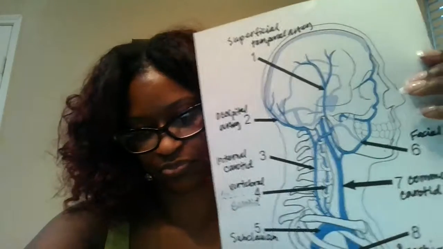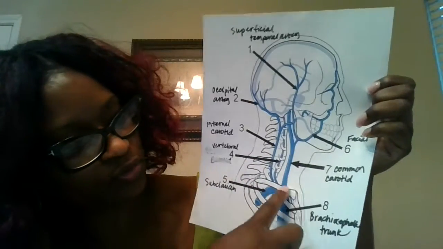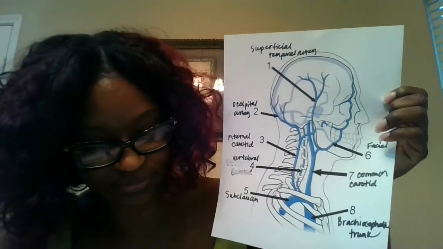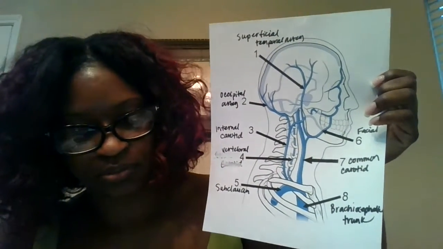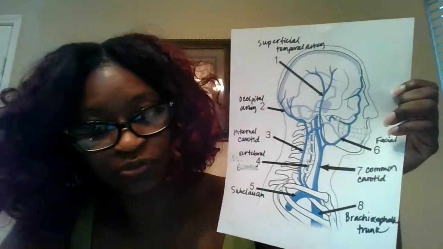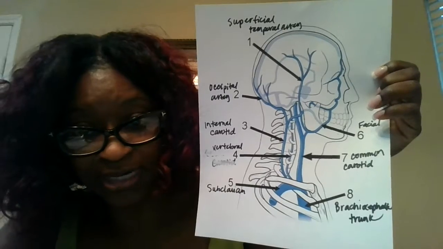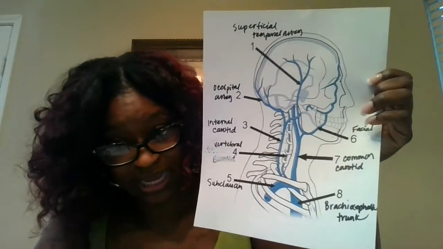So now let's go back to our head photo. The common carotid, of course, is in the front and then extends up to the jawline. You'll note that your internal carotid artery provides blood supply to the brain and eyes, and your external to the head and neck.